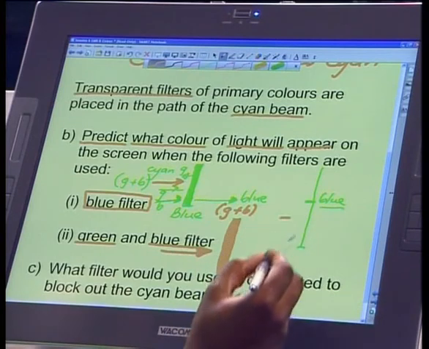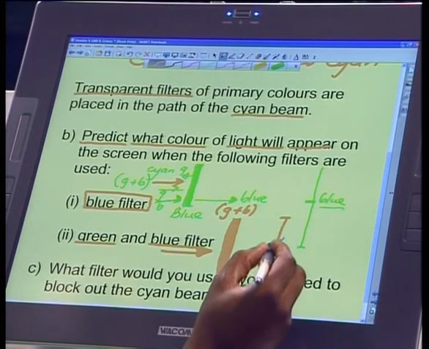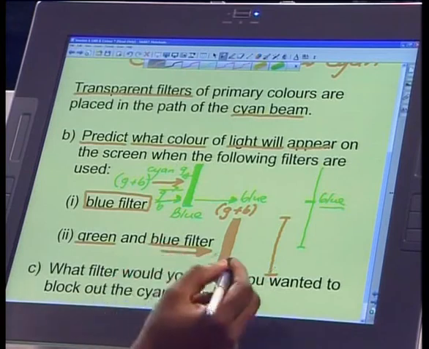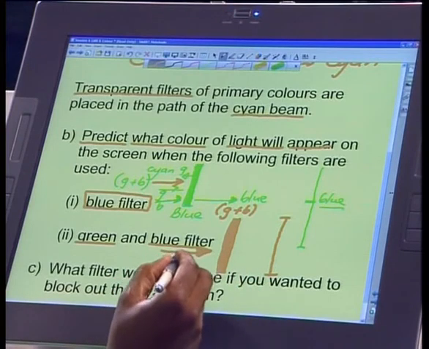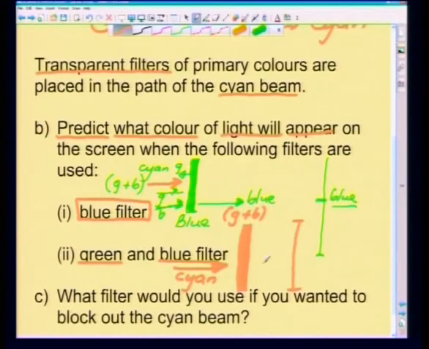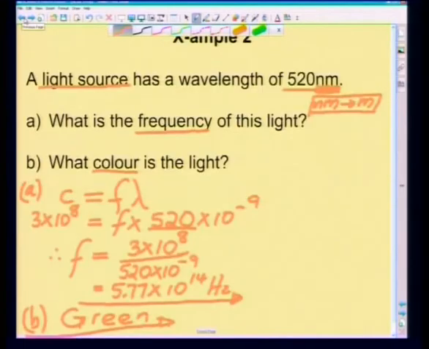Now there's a screen there that's going to help us see what color of light is being formed when this cyan beam of light passes through that filter. Now remember that cyan is made up of blue and green.